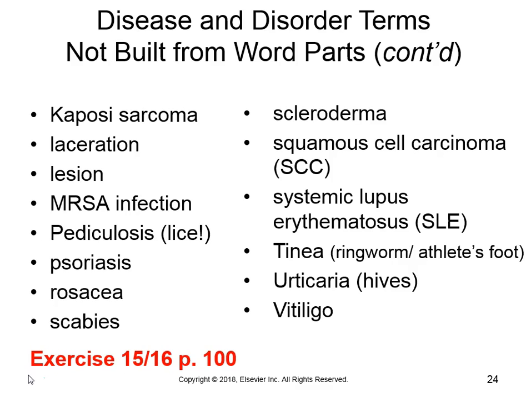Next, we have psoriasis. The P is silent, and it's a very tricky spelling, so be careful. Psoriasis is where you get these silvery scales kind of all over in different parts of your body. You might have seen medication commercials for plaque psoriasis. I think there's some pictures in your book about it too, we'll get to.